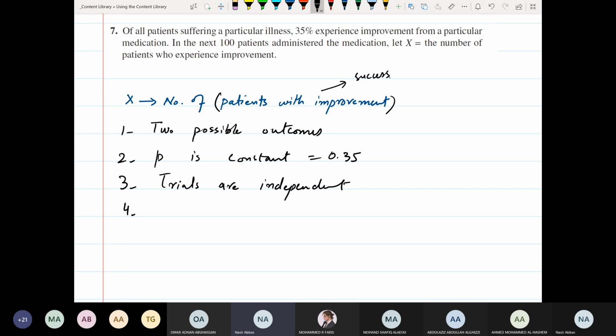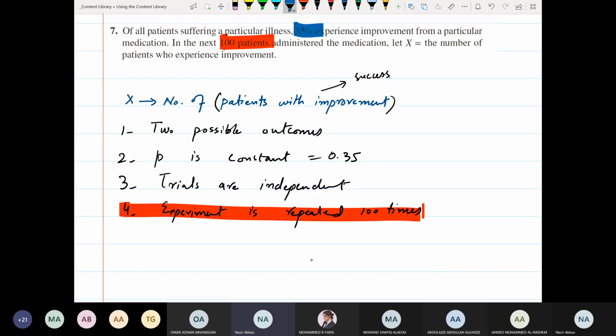How many patients do you have to see? We already know we have to see 100 times. And there it is, 100 patients.